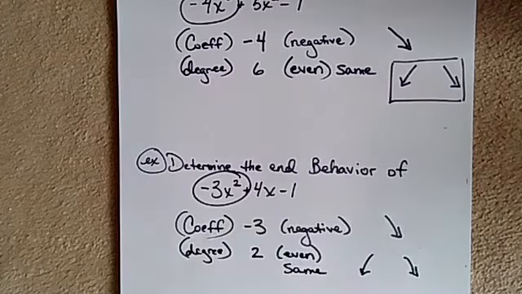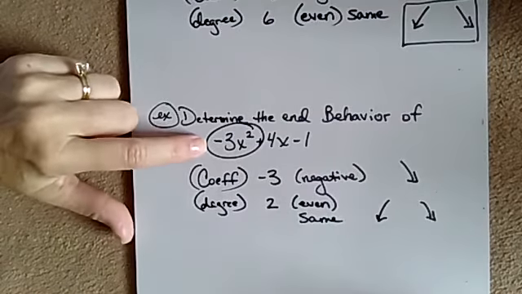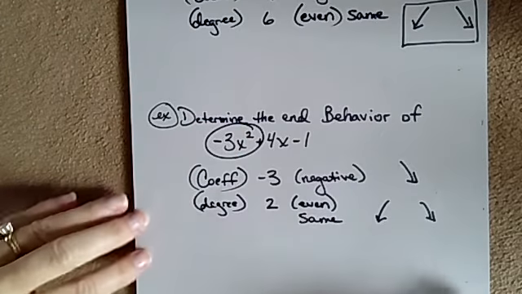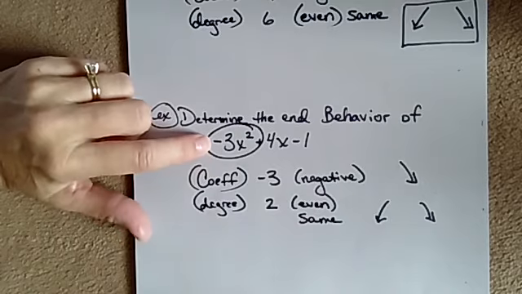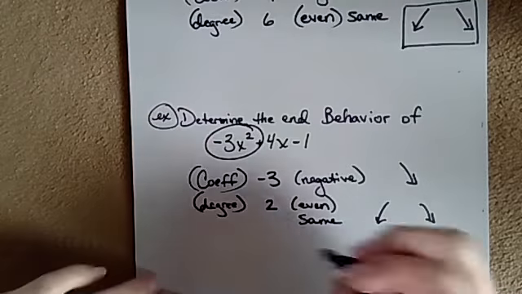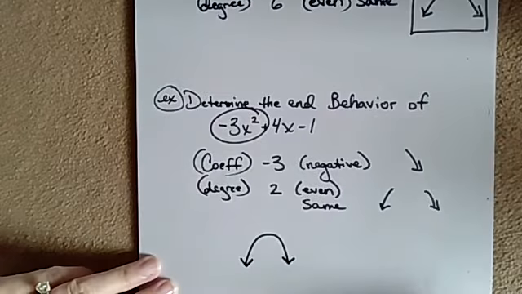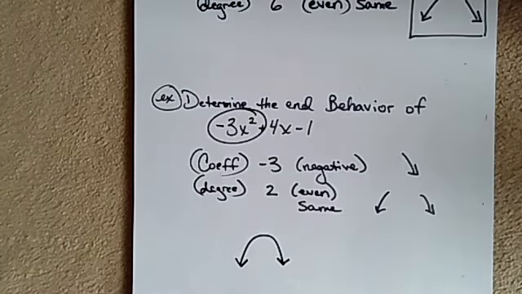So they both go down. Now, like I said, when you see a quadratic, just x squared, we know that the graph of quadratics are parabolas. And you can tell by the leading term, if it's negative, this graph looks like that. So my end behavior was both down.